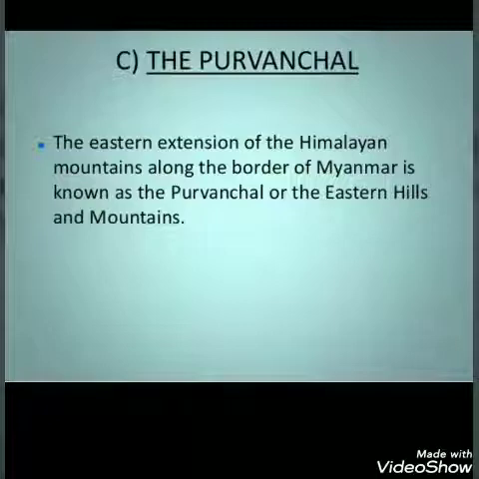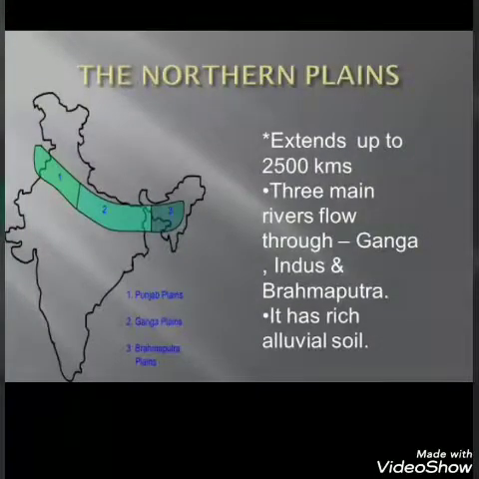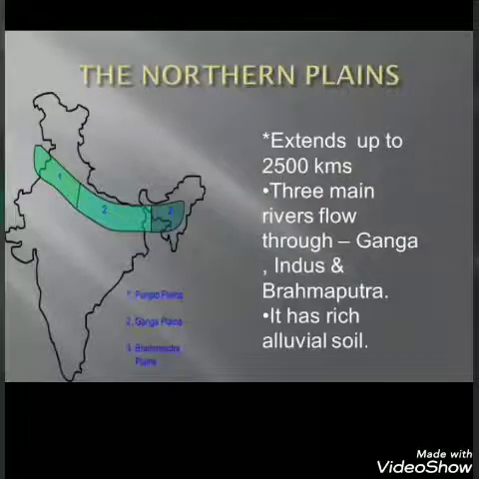The next one is the Northern Plain. This was the next division of the physiography of India. The Northern Plain has been formed by the interplay of three major river systems: the Indus, the Ganga, and the Brahmaputra with their tributaries.